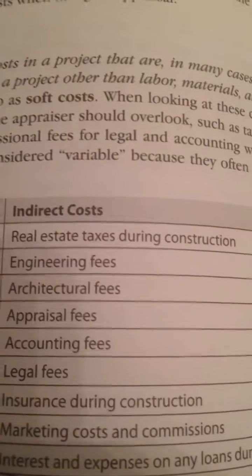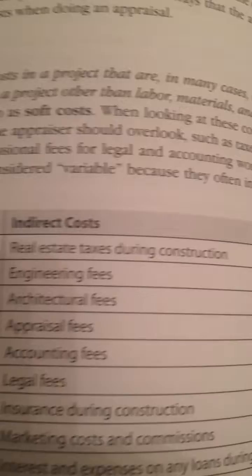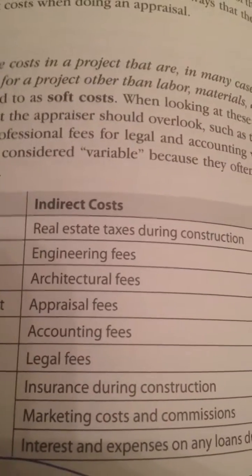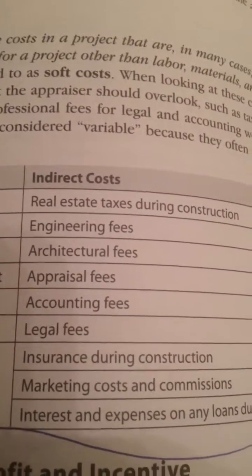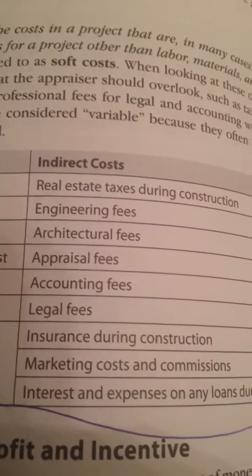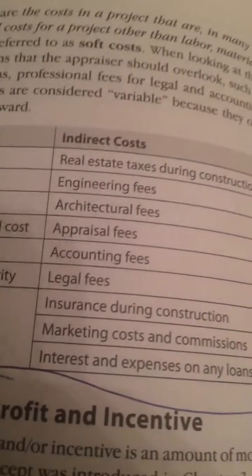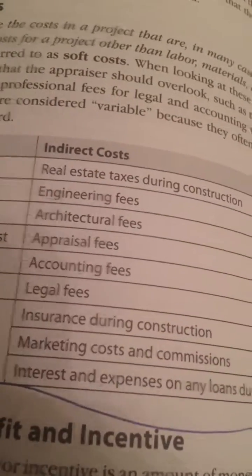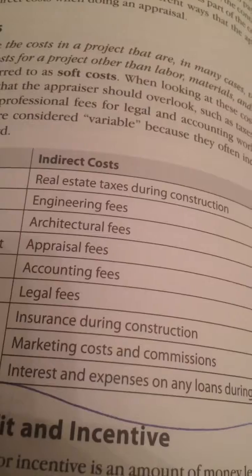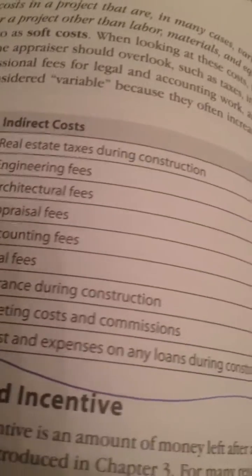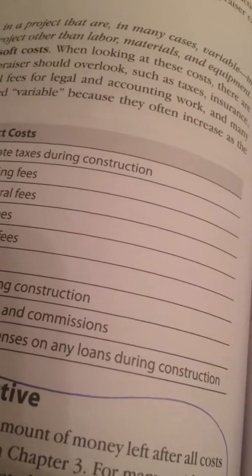Under indirect costs, you have real estate taxes during construction, engineering fees, architectural fees, appraisal fees, accounting fees, legal fees, insurance during construction, marketing costs and commissions, interest and expenses on any loans during construction.